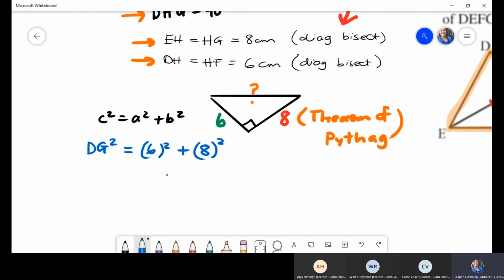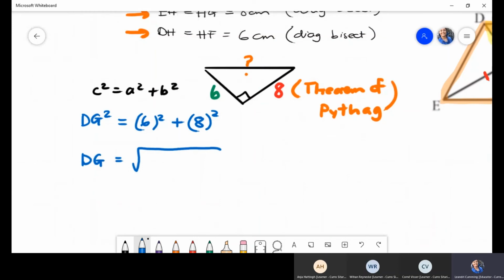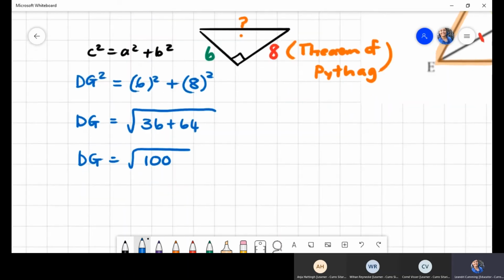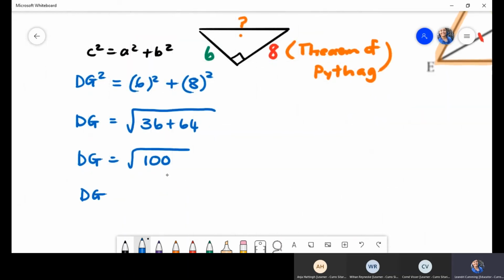What did I say just before this when we did the previous example? Sort it out first, right? That's going to leave you with DG. This one you could possibly do 36 plus 64. Oh, maybe this is one of those triplets I was talking about the other day. Right, you will have certain triplets that always exist. Therefore, DG is equal to 10 centimeters, okay?